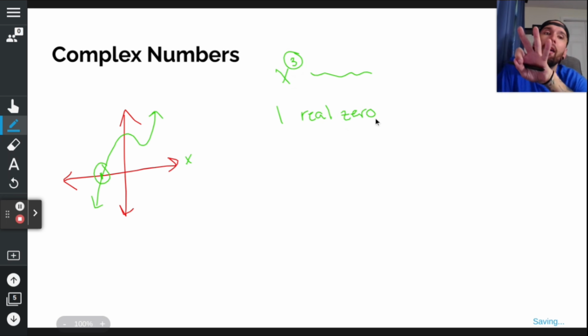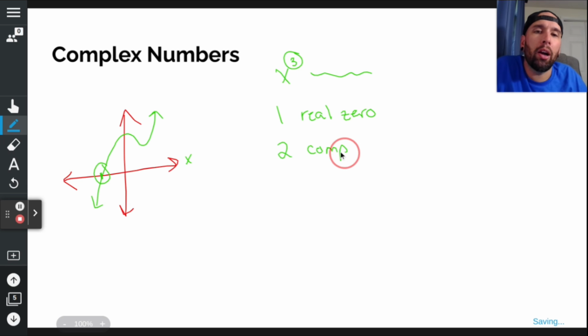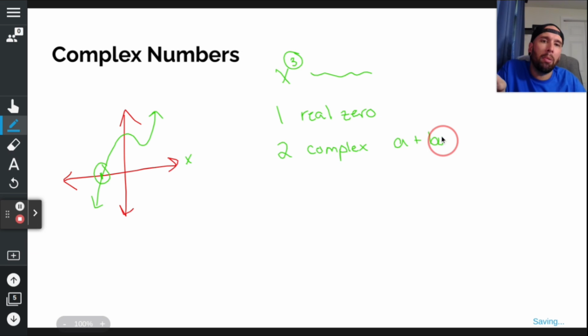I'm going to have 3 total zeros. Since one of them is real, that means 2 of them are not. So we would say 2 of them are complex. Now, complex means it has an i. A complex zero is in the form a plus bi.